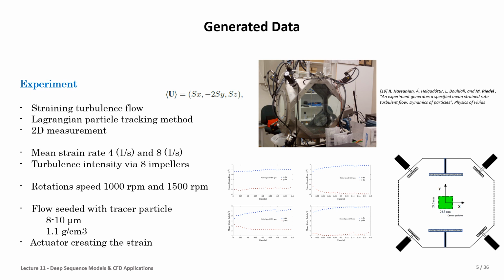Another parameter that could be extracted from this measurement is the acceleration, and with this calculation we can extract the vorticity, for example. Then this work has been done, and the flow was seeded with tracer particles which have a density the same as the water, the fluid flow in this experiment.